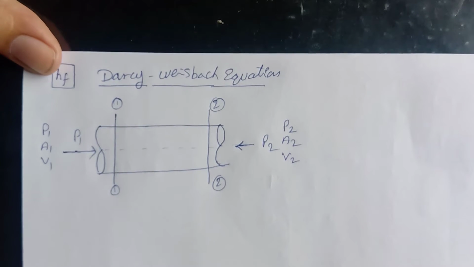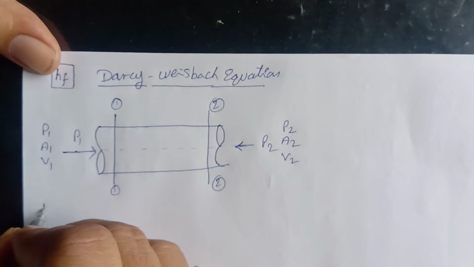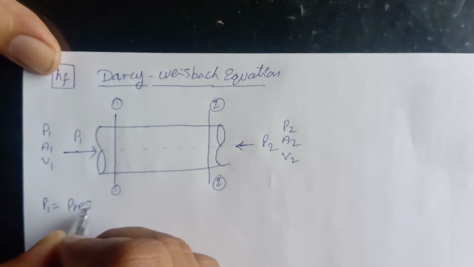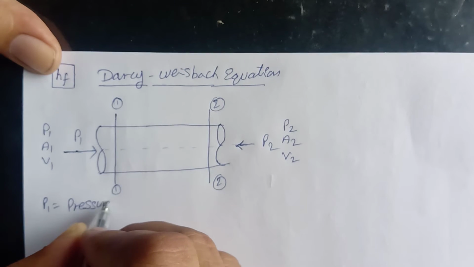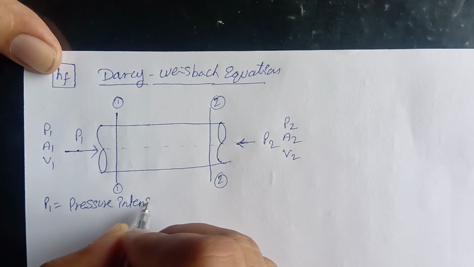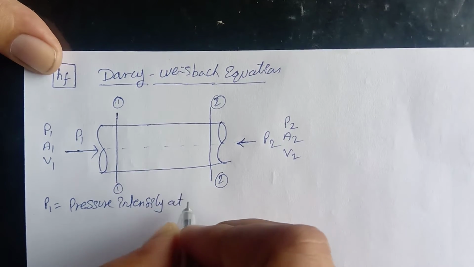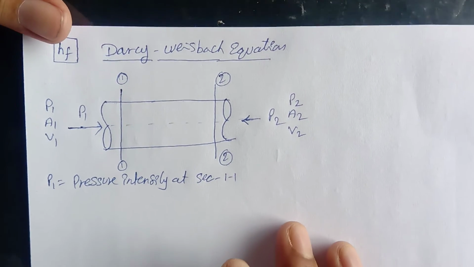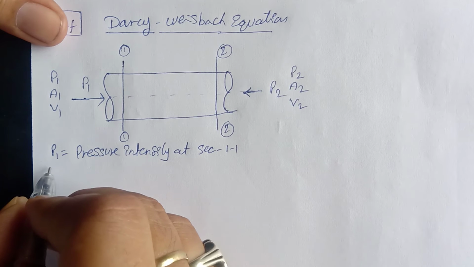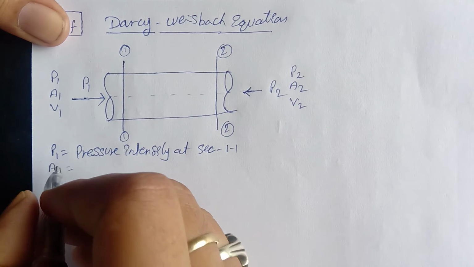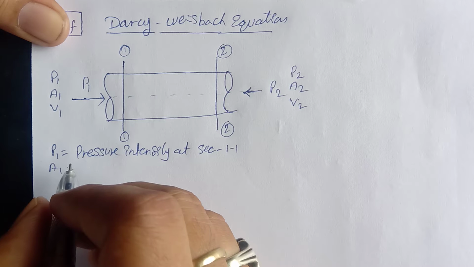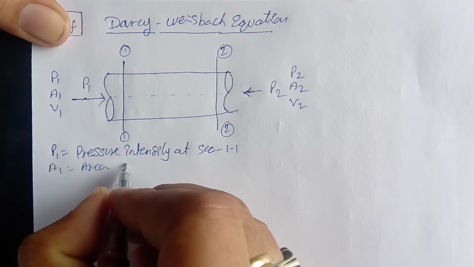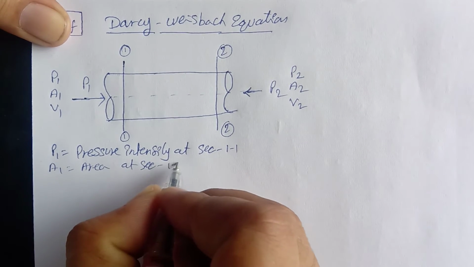Remember that P1 is called the pressure intensity at section 1. Similarly, A1 is the area at section 1.